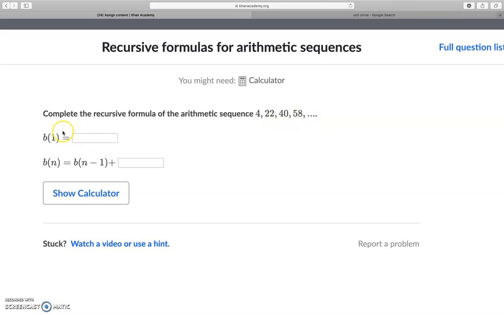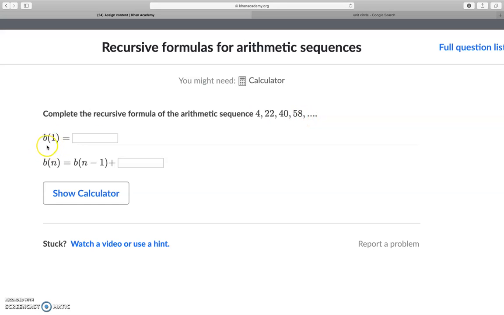Now I know that this looks fancy. Usually I would have you guys write all of this notation out, but this is what we call the recursive formula. So it looks something like this. We have a letter representing the sequence, the list. In this case, this list is called B. And in here, this number is the term number.